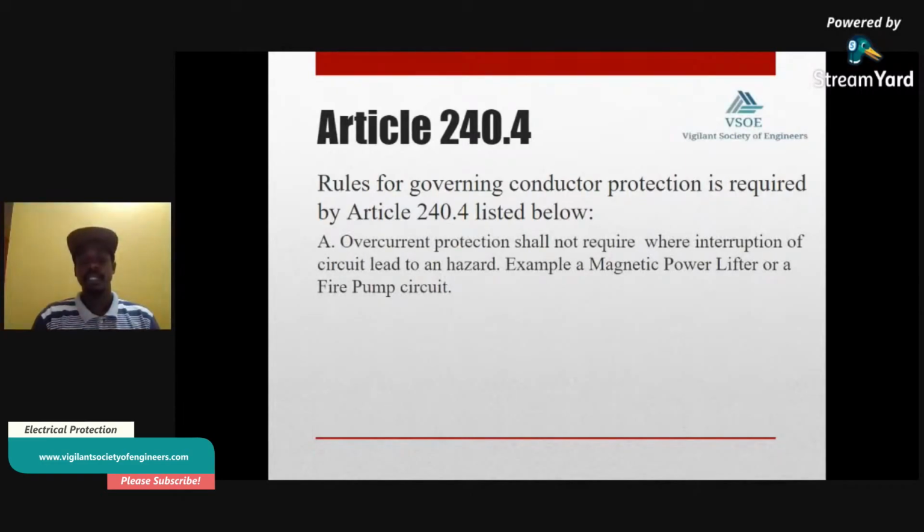Now, overcurrent protection shall not be required where interruption of the circuit leads to a hazard. Example, a magnetic pole lifter or a fire pump circuit. Now, when we look at a magnetic pole lifter, we're talking about equipment that is lifting maybe a container or metal in particular.